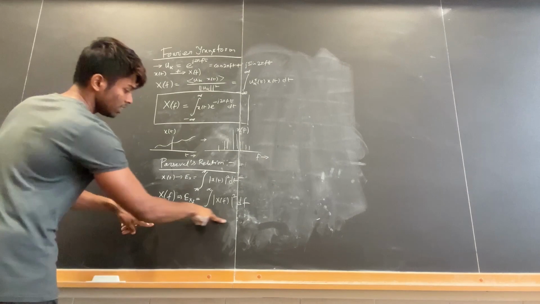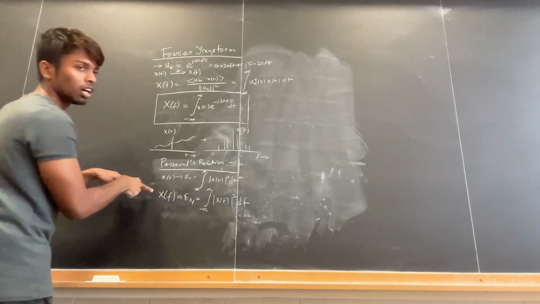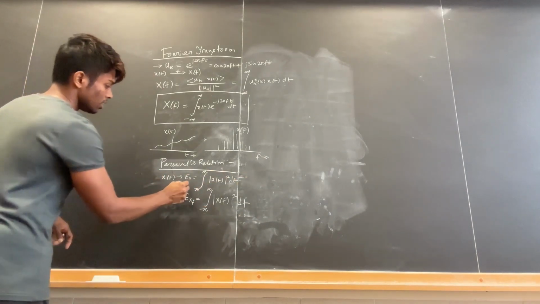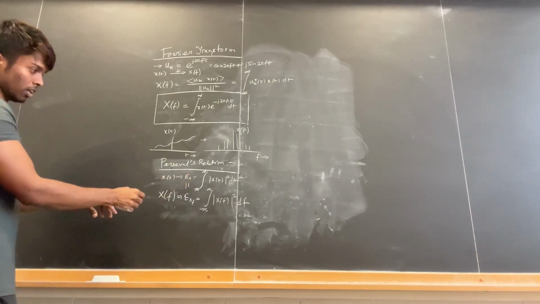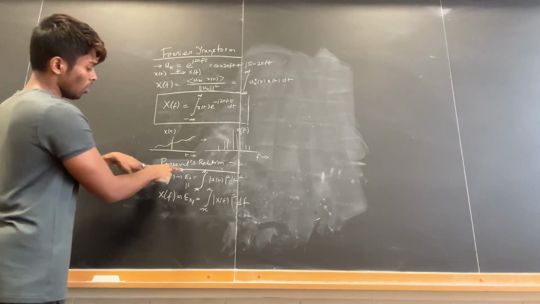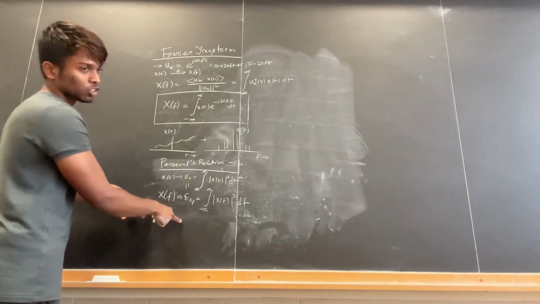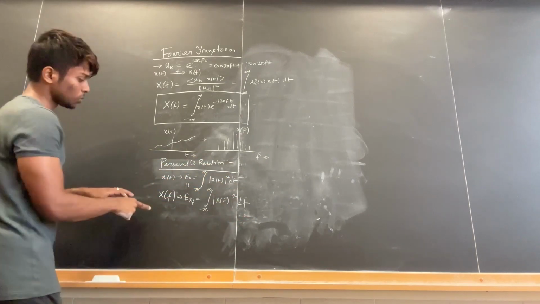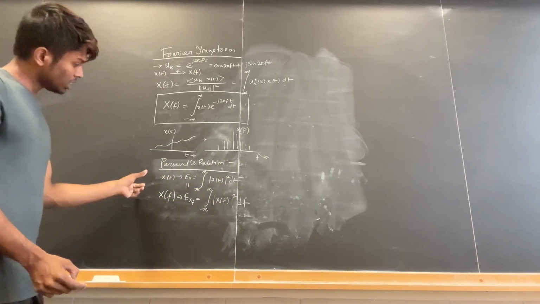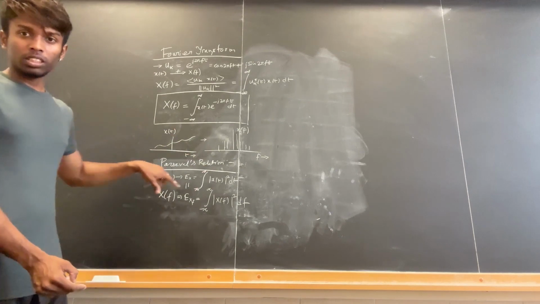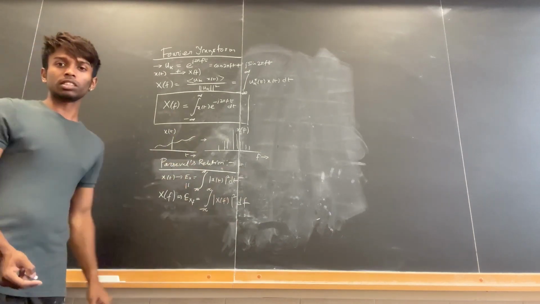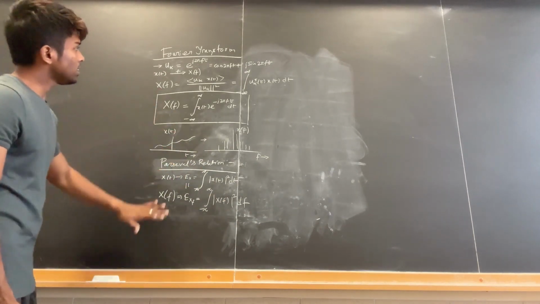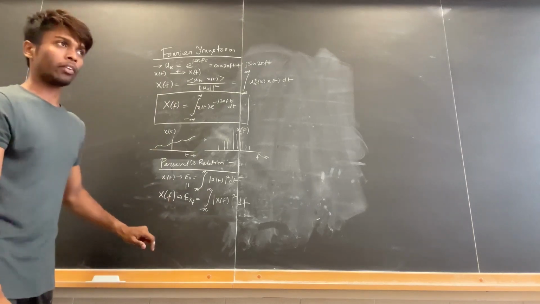And we say this energy and this energy are equal, and that gives us the Parseval's relationship. So this Parseval's relationship holds true, and the Fourier transform conserves the energy. So this gives us a distribution of the global energy of the signal in the frequency spectrum. So that is the basic idea of the Fourier transform.